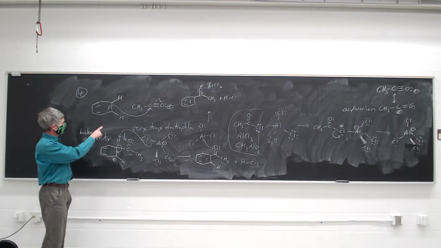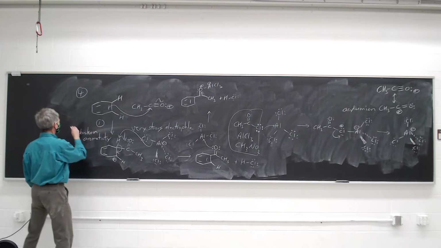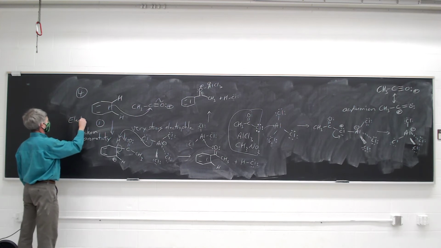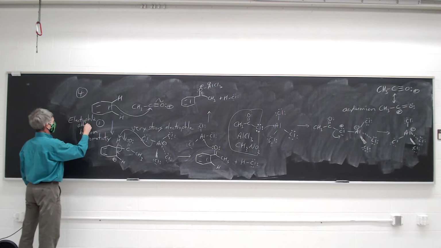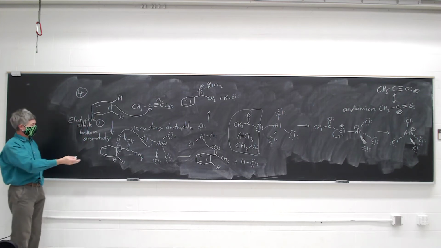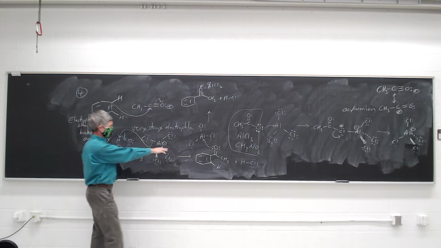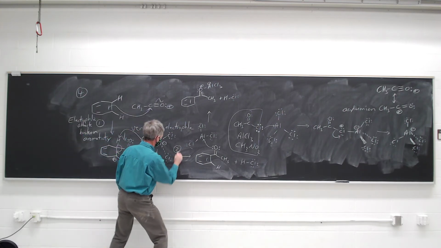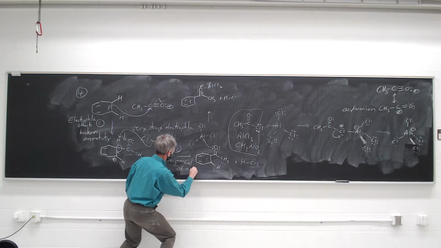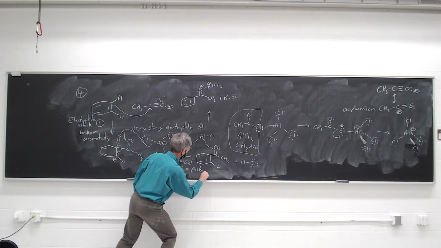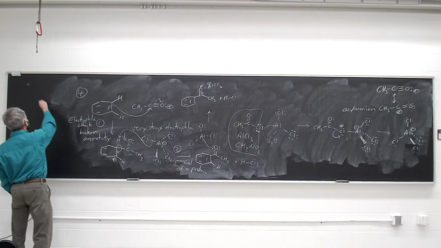This two-step mechanism here, where we have electrophilic attack in the first step of the aromatic ring onto the electrophilic acetyl group, followed by a proton removal, that is the electrophilic aromatic substitution mechanism.